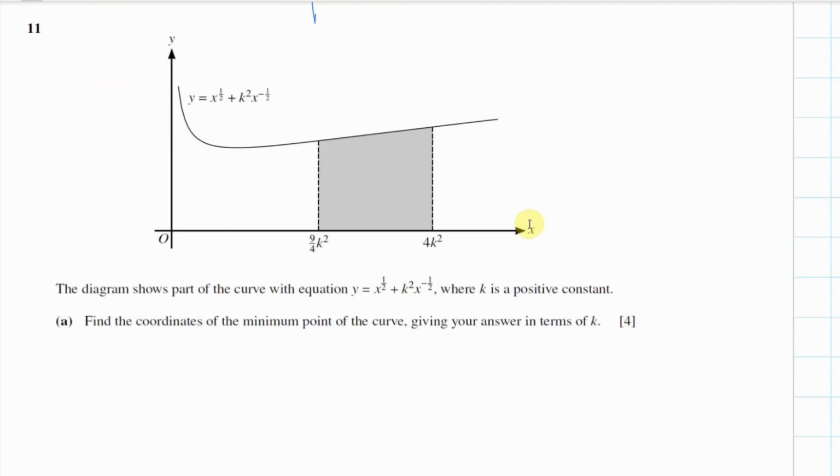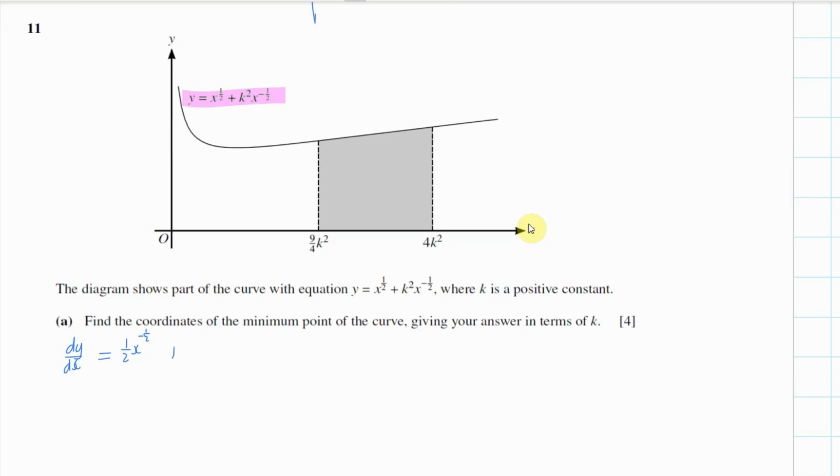What have we got here? The diagram shows part of the curve with this equation, and we've got to find the coordinates of the minimum point. So we're going to differentiate. I'm going to take that half, times it by the x, drop the power down by 1.